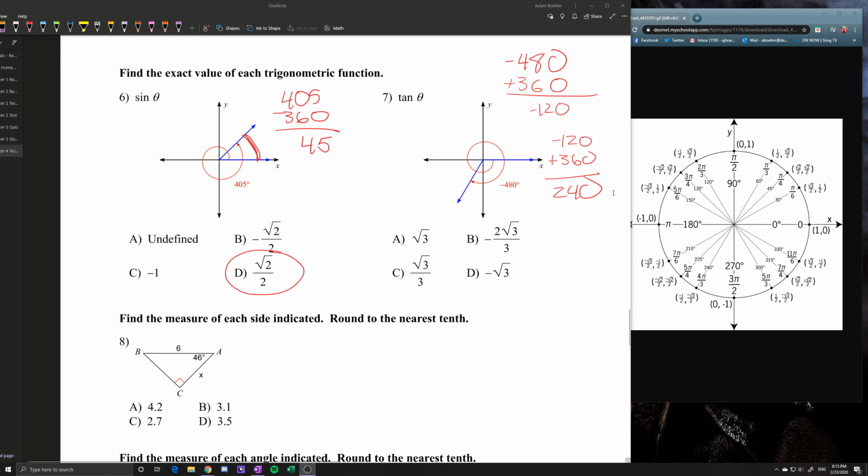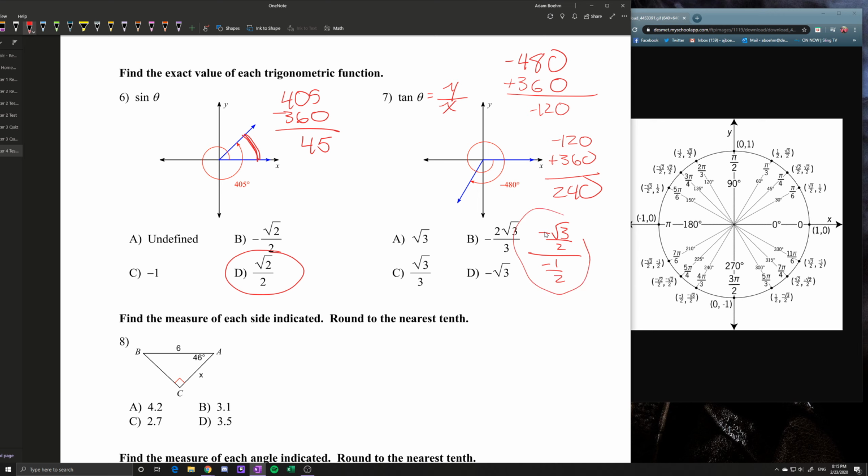And once we get that number between 0 and 360, we go to that number on our unit circle. So we're dealing with 240, which has a y value of negative root 3 over 2, and an x value of negative 1/2. So tangent is always the y value over the x value.